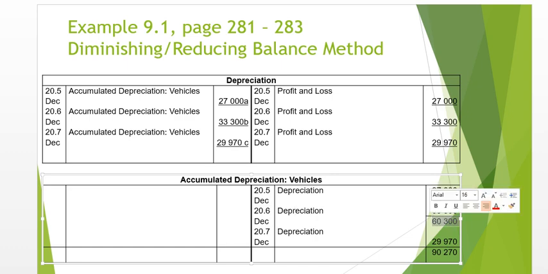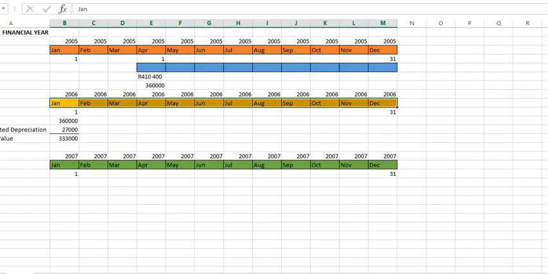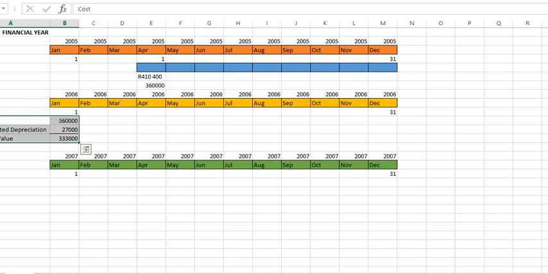So total accumulated depreciation as at the end of 2006 will then be 60,300. So beginning 2007 we need to determine what our carrying value is.